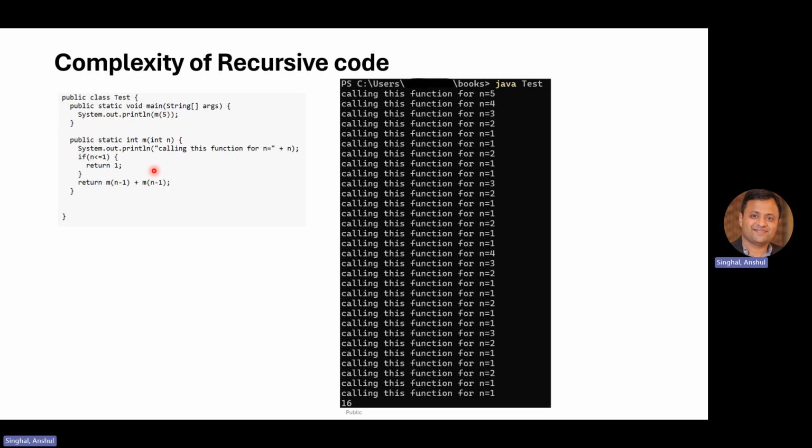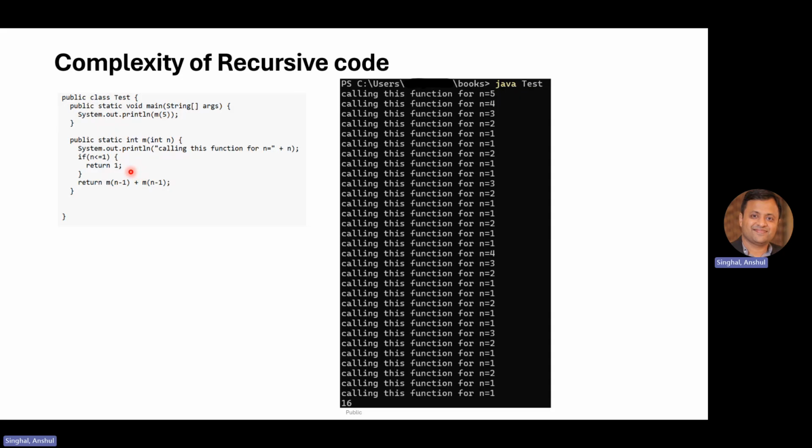Every time you want to determine the time complexity, you have to see how many steps you are doing in that method, and generalize that in terms of n, the input.